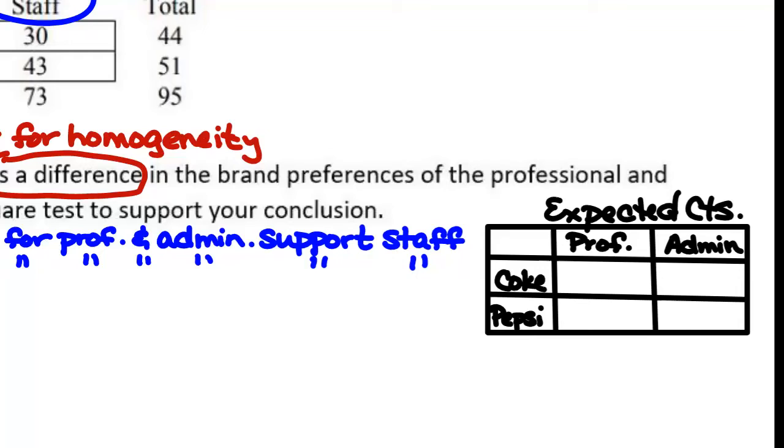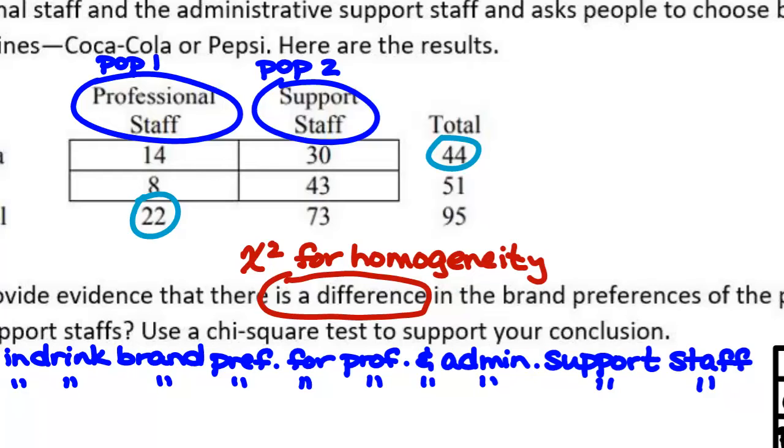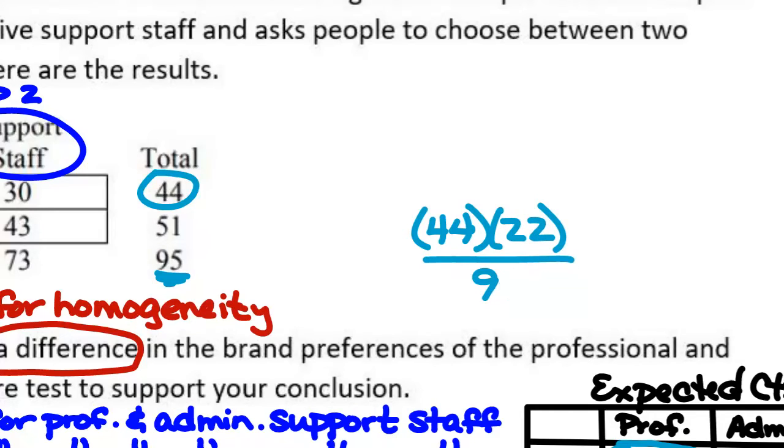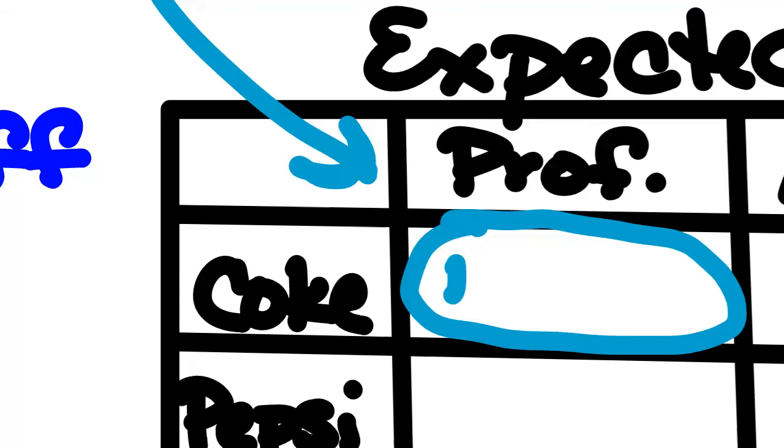So for this first box here, we're going to multiply 44 times 22 divided by 95. And 44 times 22 divided by 95 gives me about 10.189, yes. Thank you.